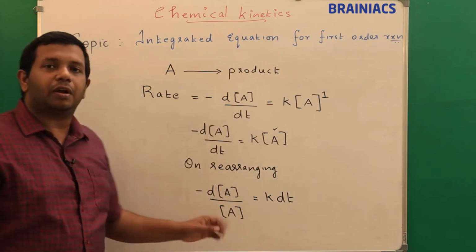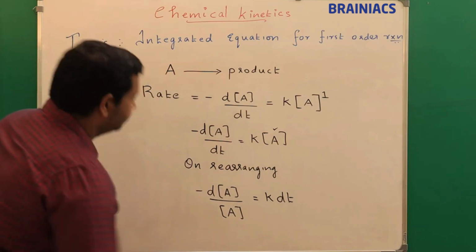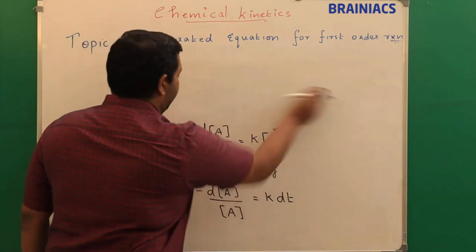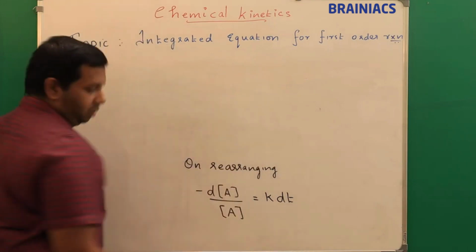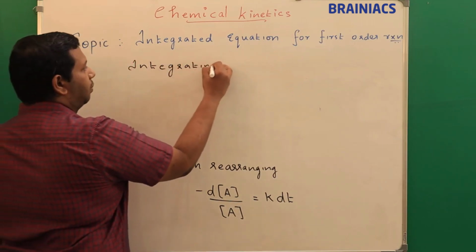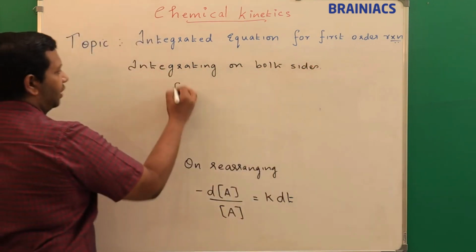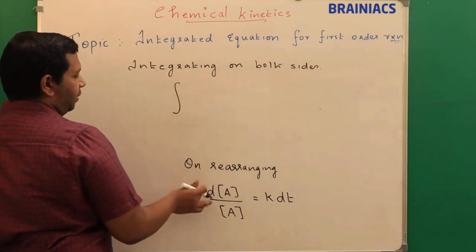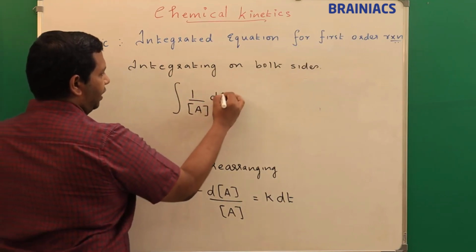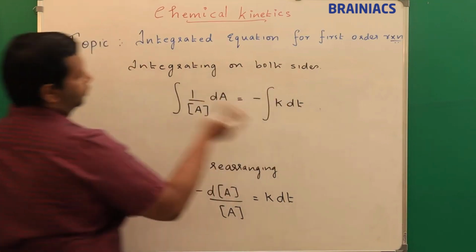From the initial time to the time that we need. So integrating on both sides, we can say minus of the integral of 1 by the concentration of A dA is equal to minus of K into dt. K is a constant, so you can take it outside.